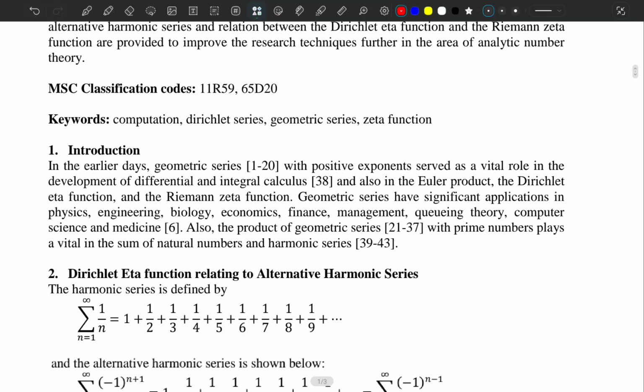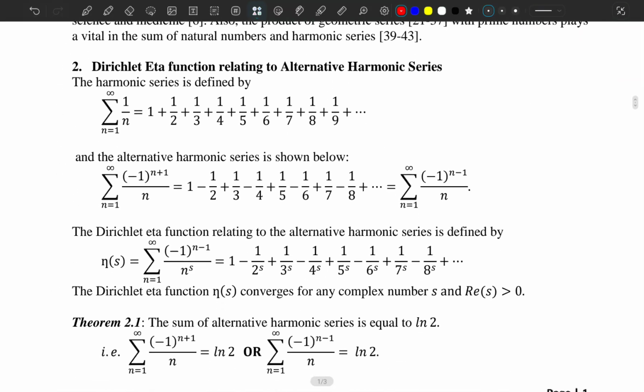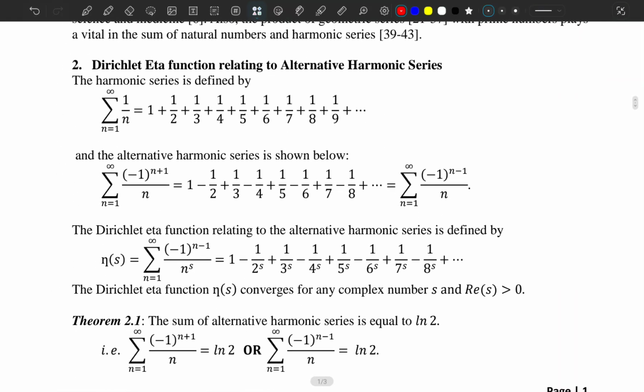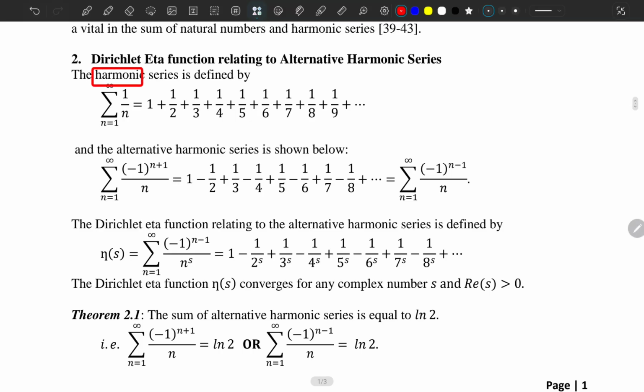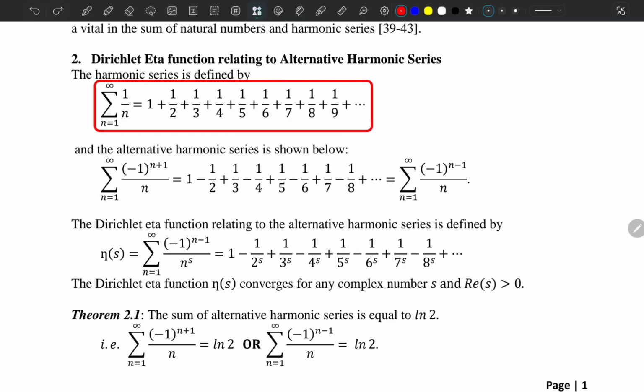But before that, let's have a look at some things, like the harmonic series. The harmonic series is defined as the infinite series, n goes from 1 to infinity, of 1 over n, and basically this is Riemann zeta of 1. We will have a look at that also, don't worry.